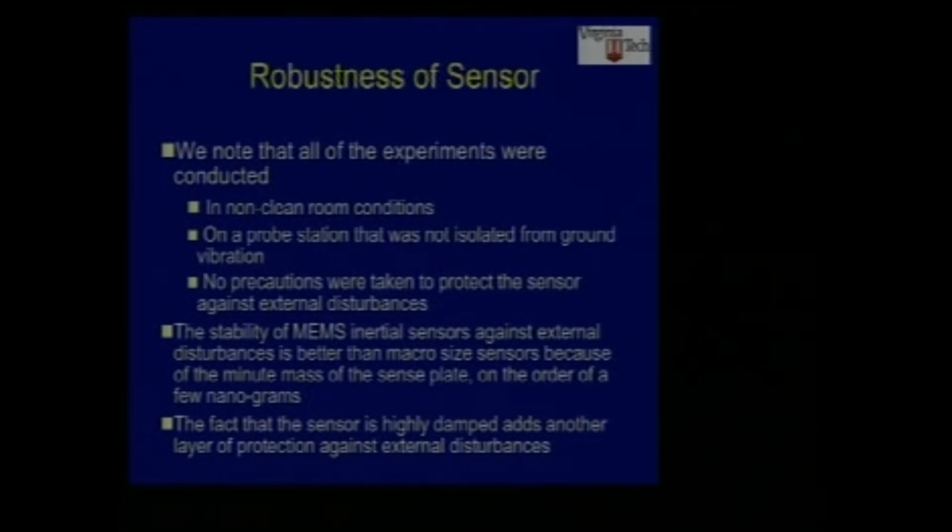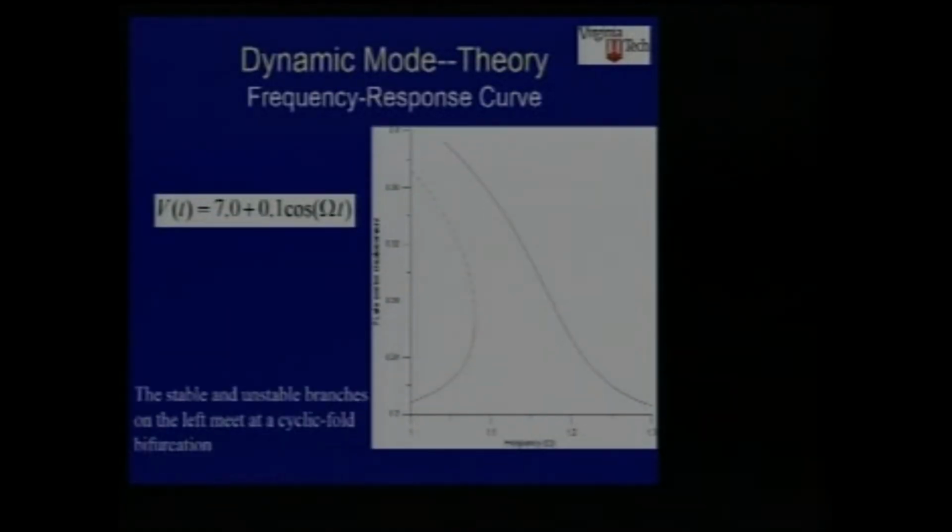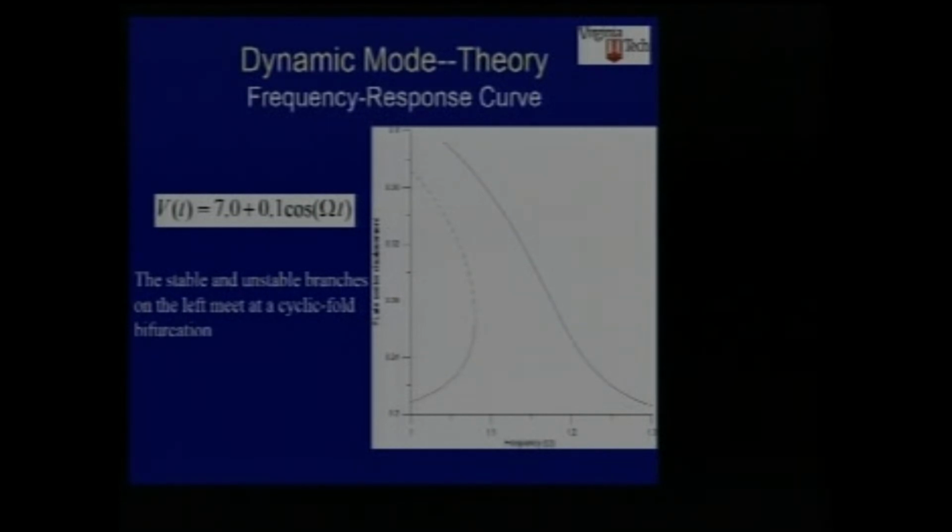Now, for the dynamic part, we want to use something dynamic. If you have the same system which we have, and you drive it to the nonlinear behavior, we put a static voltage, but then we put a dynamic part in here.